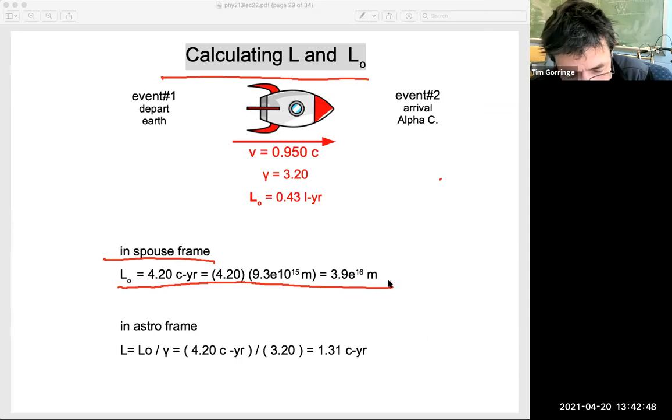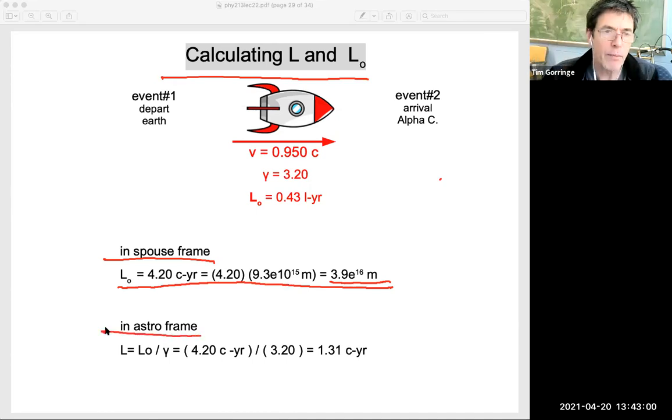I even calculated it in meters here by multiplying by the conversion factor between light years and meters. The astronaut will measure the contracted length because they're moving with respect to the Earth and Alpha Centauri, with respect to that distance between them.